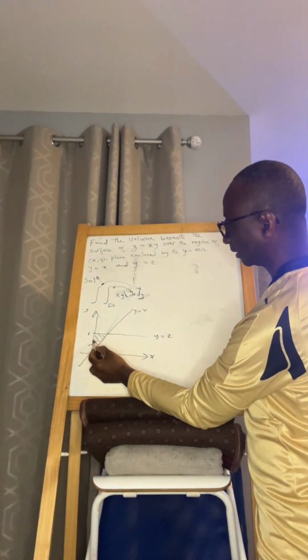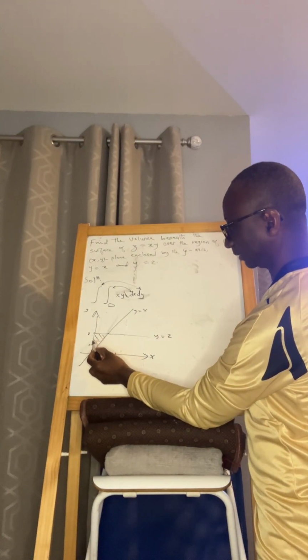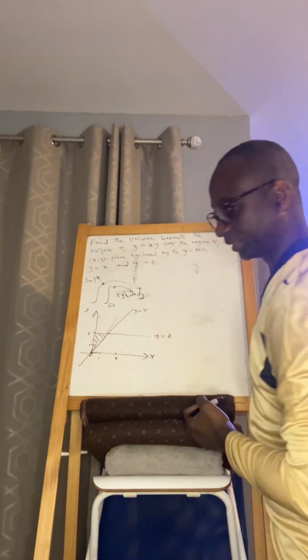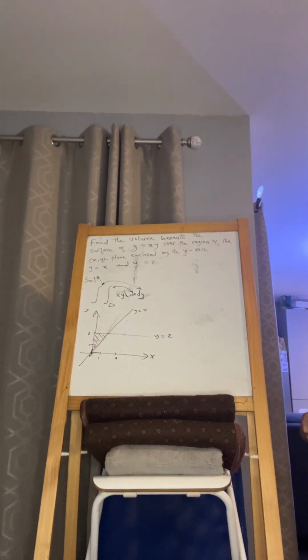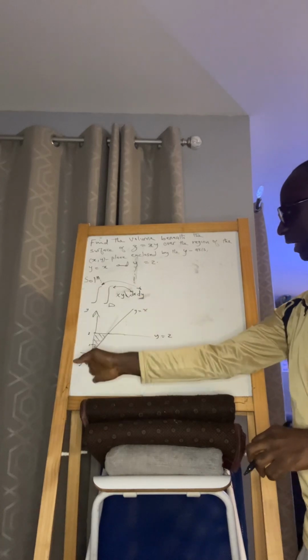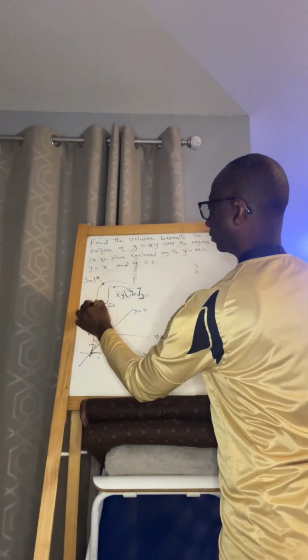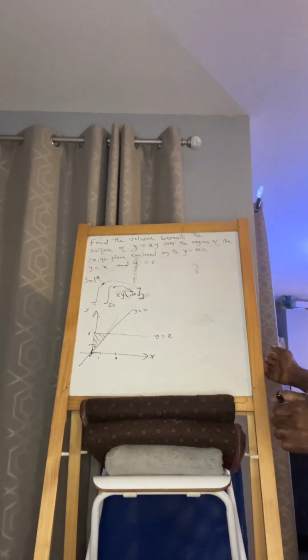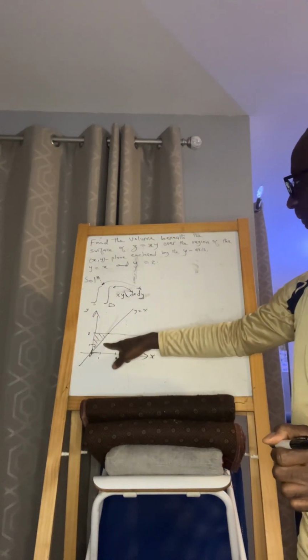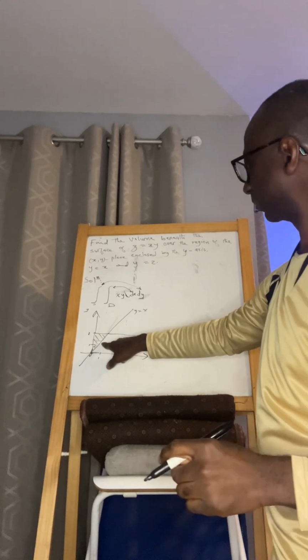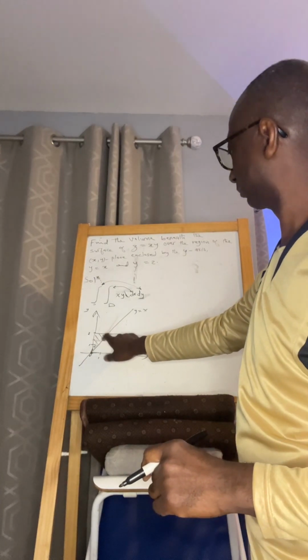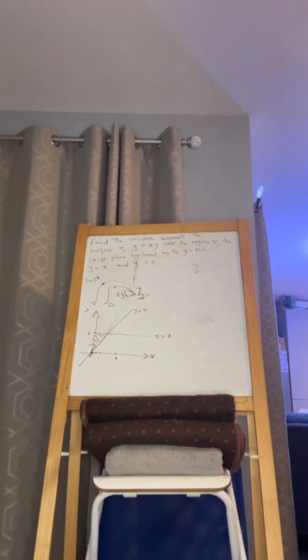Here, x is 0. Above the y-axis, x is 0. So you put 0 here. And what is there?